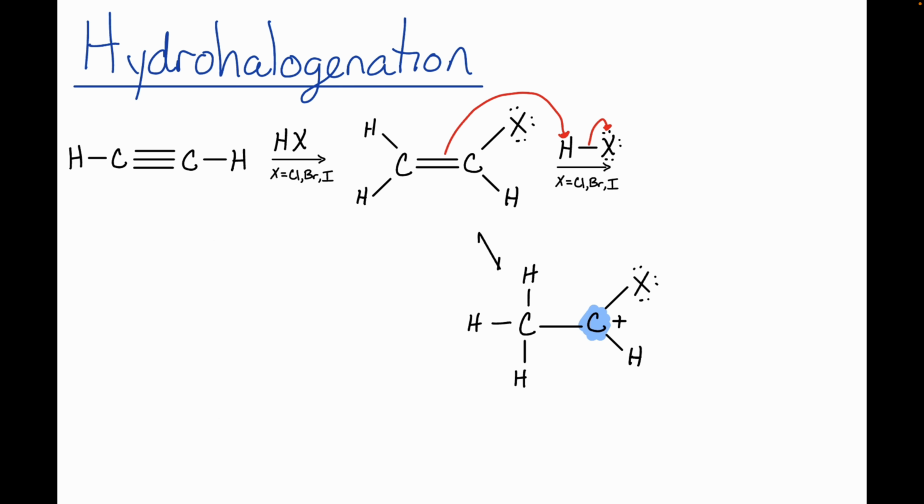Our carbocation here is more stable on the carbon with that halogen. So it doesn't form on the other side of my carbon-carbon double bond. It forms on the same side.